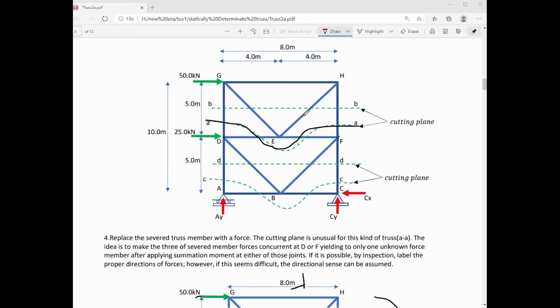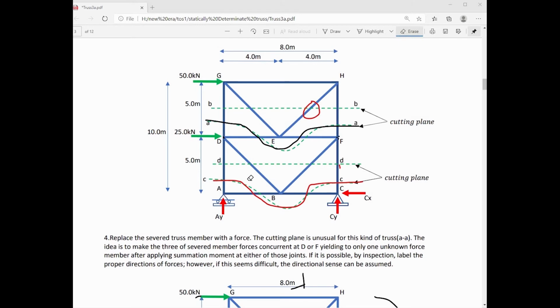We have already obtained member force HE. So the next thing that we are going to do is to obtain for HC by passing cutting plane C, considering the lower portion as our free body diagram. After passing a cutting plane, our mindset is to simplify calculation. That's the reason why we are selecting the free body diagram below or above a cutting plane, to the right or to the left of a cutting plane as our FBD.